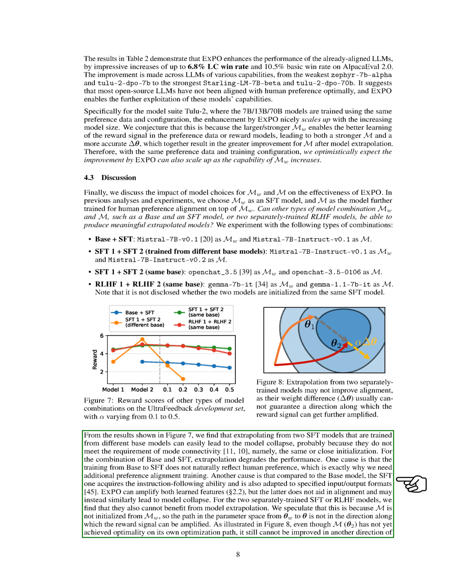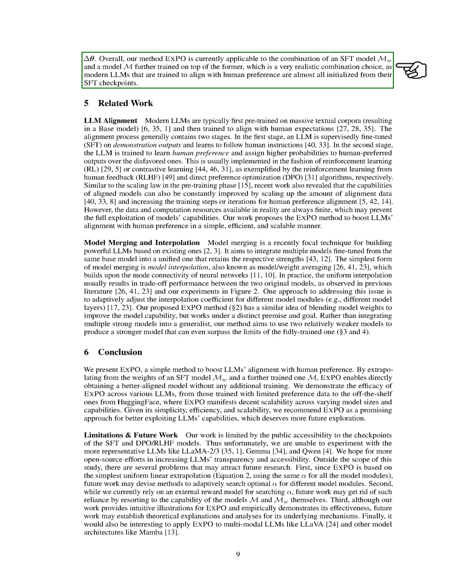Even if M has not reached optimality on its optimization path, it cannot improve in a different direction. Currently, our EXPO method is most effective for the combination of an SFT model M_W and a model M further trained on top of it, which is a common choice as modern LLMs aligned with human preferences are typically initialized from their SFT checkpoints.